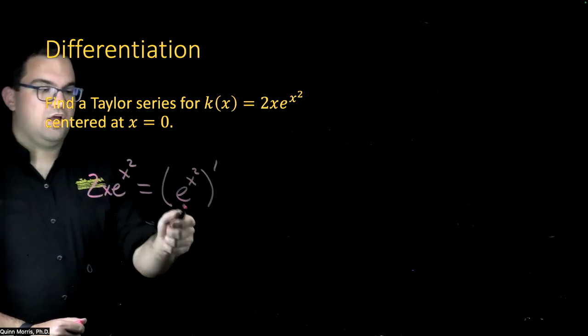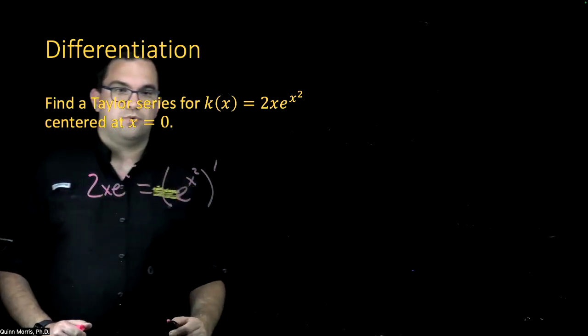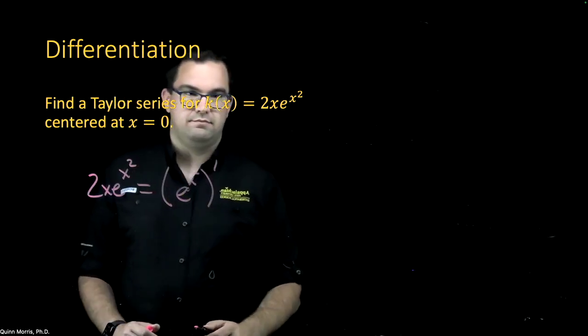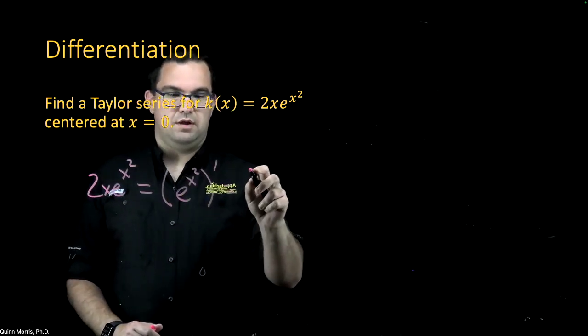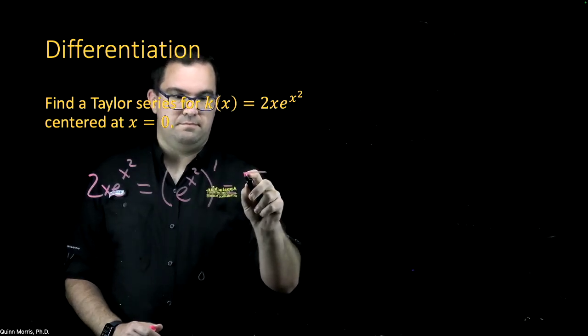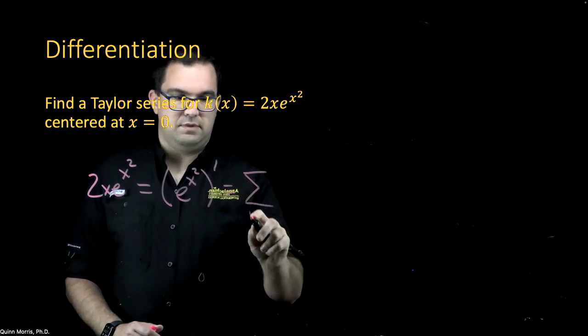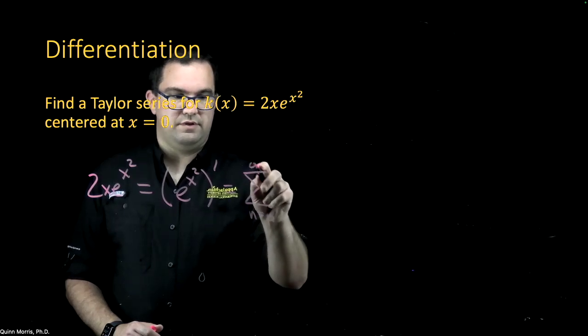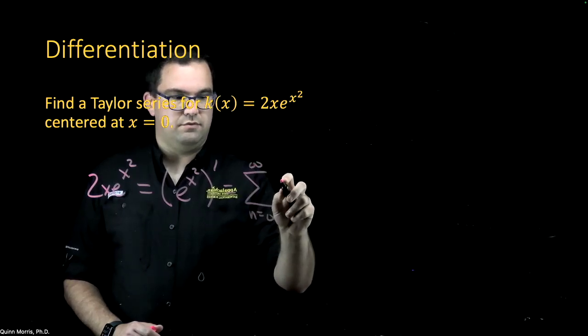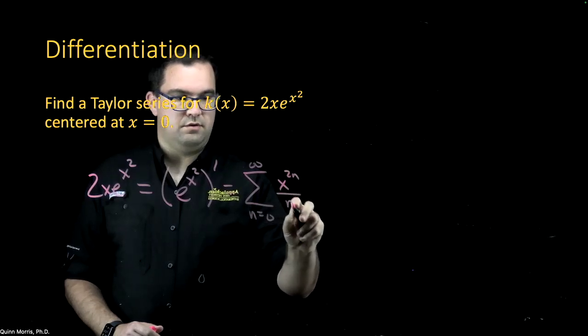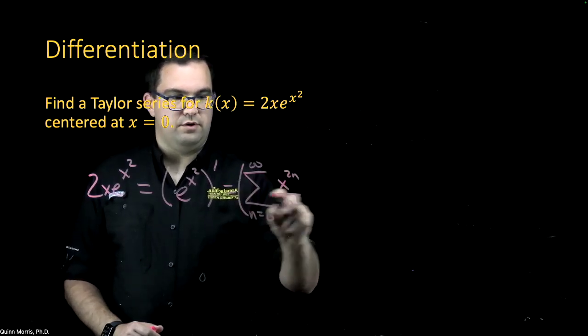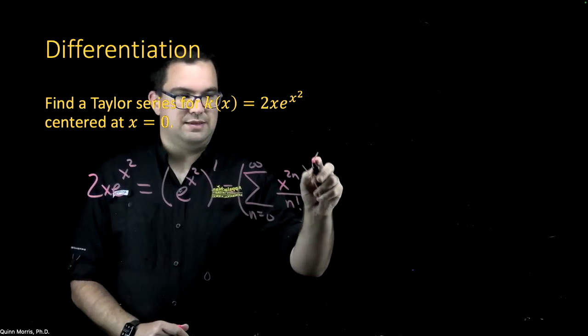And I know a Taylor series for e to the x squared. We just found one not very long ago. So this would be the sum n equals 0 to infinity of x to the 2n over n factorial. So that's my e to the x squared, and I need to take a derivative.